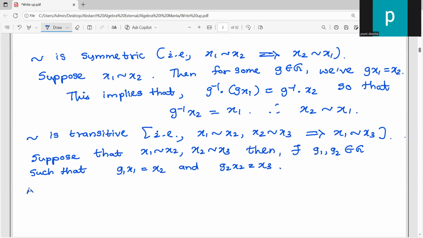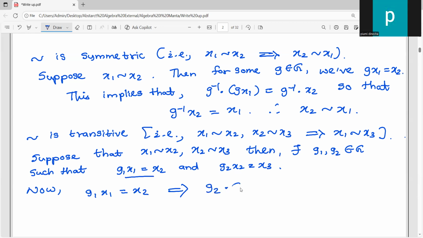Now observe, if we start off with the first equation, we've got G1 dot x1 equals x2. Over here, what I'm going to do is apply G2 on both sides.